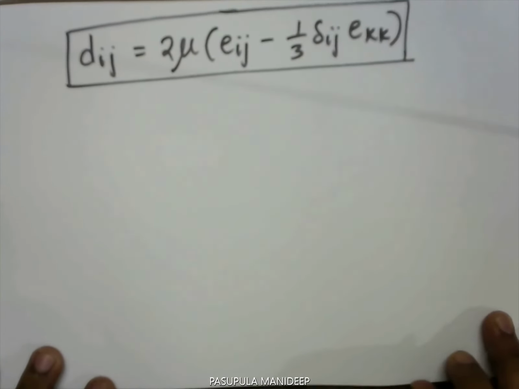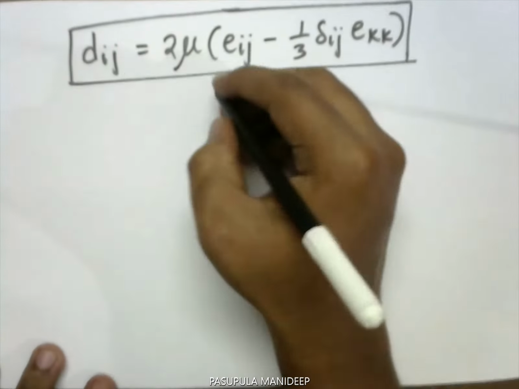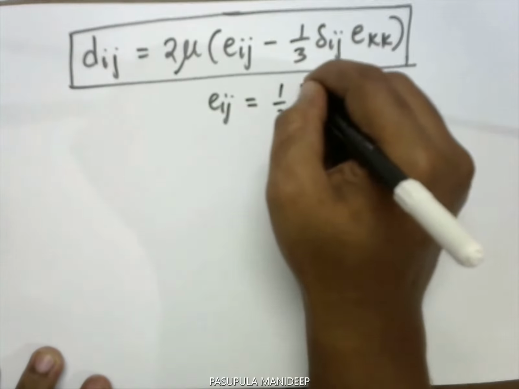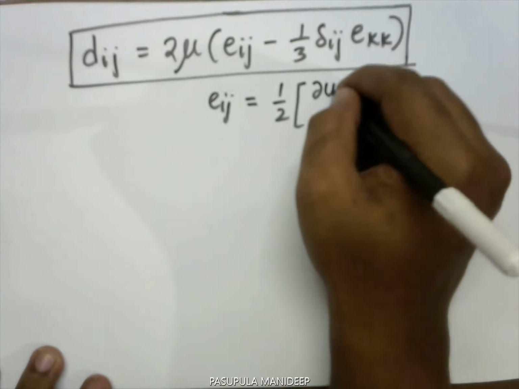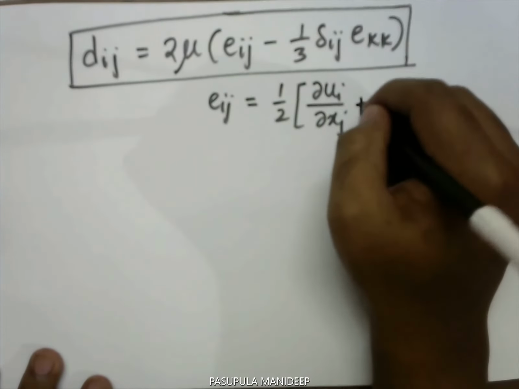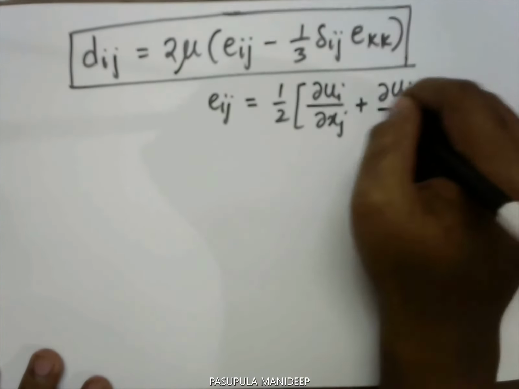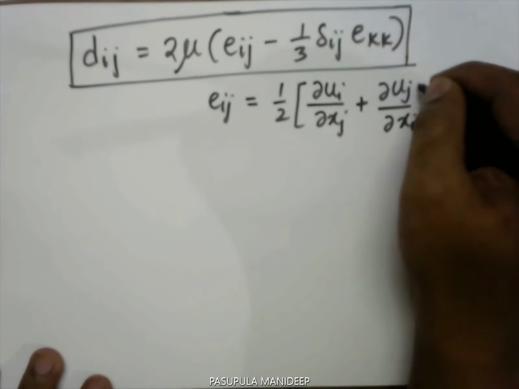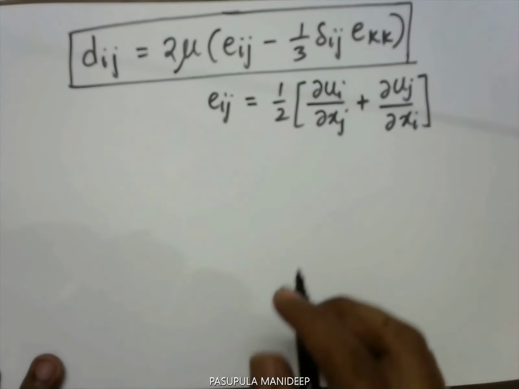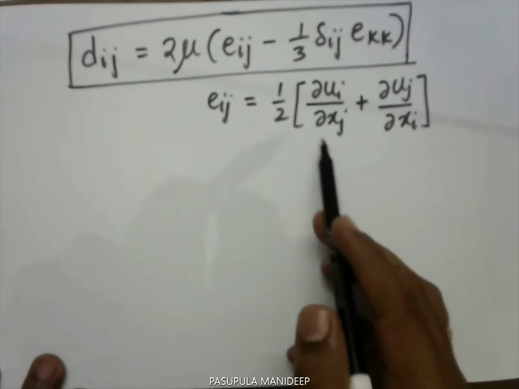Now where eij is half of (del ui by del xj plus del uj by del xi), the velocity gradient terms, right? In our problem statement it is given to prove the stress tensor in terms of velocity gradient.